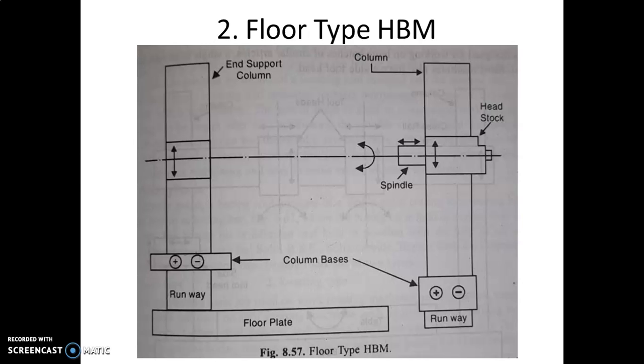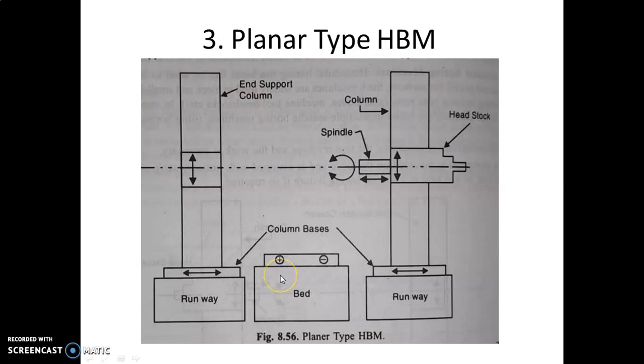Horizontal movement perpendicular to the spindle axis is obtained by traversing the column carrying the headstock on guideways. Here is the spindle axis, through which cutting tools are mounted on the spindle. These are the columns and the end support columns, and the floor plates over which heavy shaped workpieces are mounted. This is a planer type of horizontal machine.